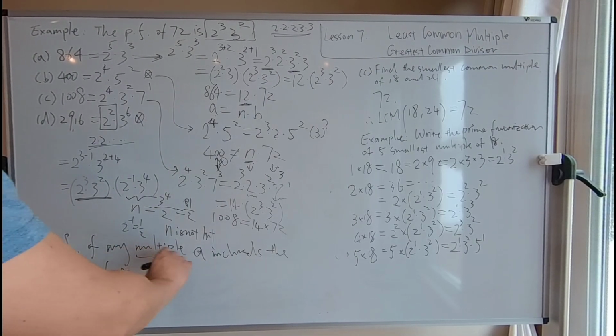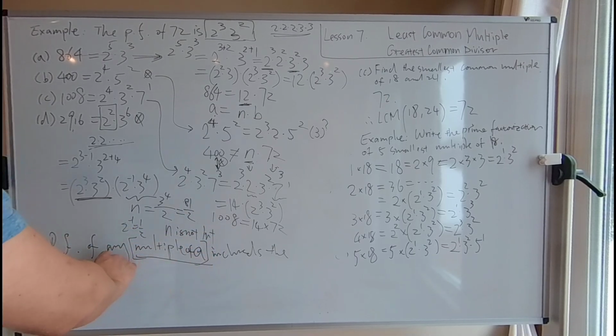So the multiple of a must include the prime factorization of a, right?